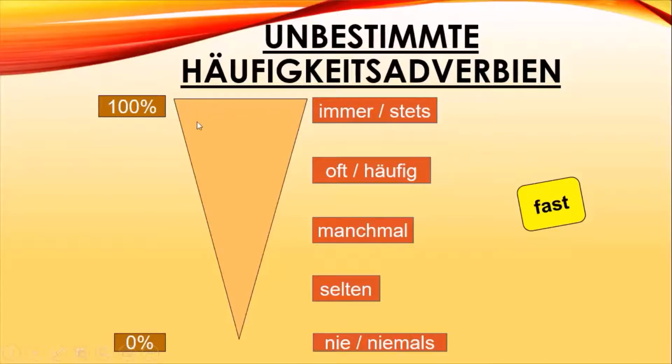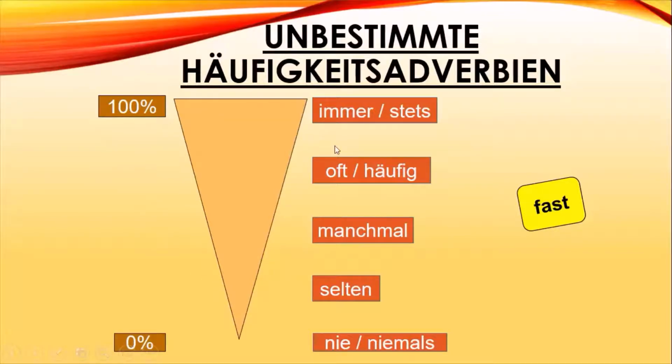Now, if you always do some action or activity, that will be showing that you do it 100% in terms of frequency. And if you never do some action or activity, then the frequency is 0%.